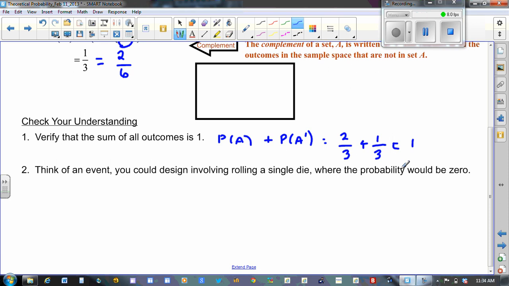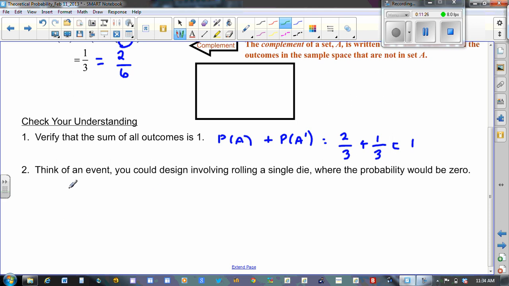The next question involves thinking of an event where the probability would be equal to 0, not less than. So is the minimum value for a probability, can it be 0?